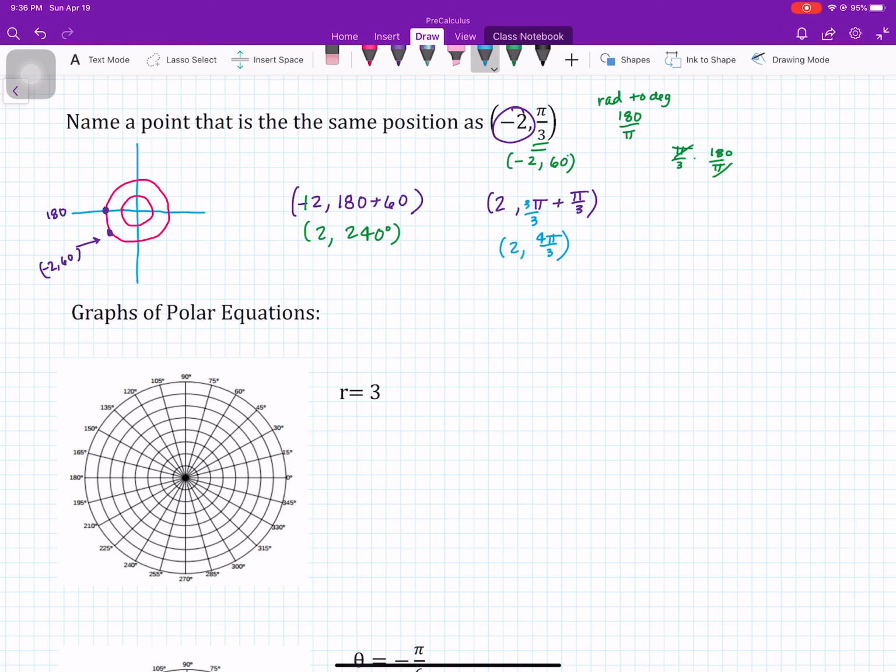There's a couple different other ways you could do it as well. So you could say that maybe you start here on the positive 2 again, and you want to rotate that way to get to that point.